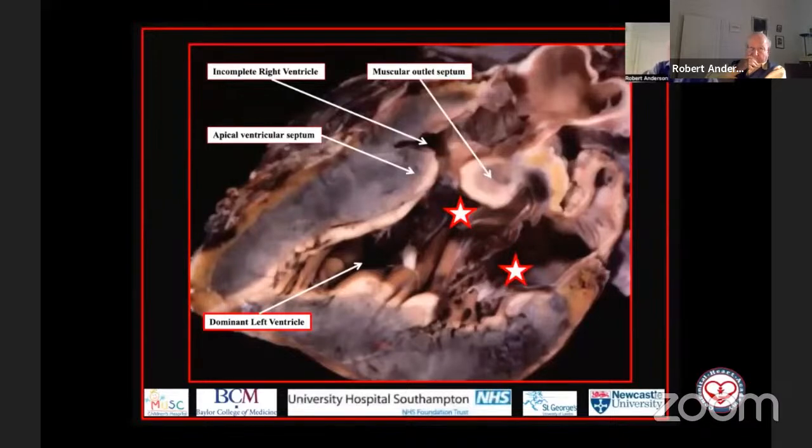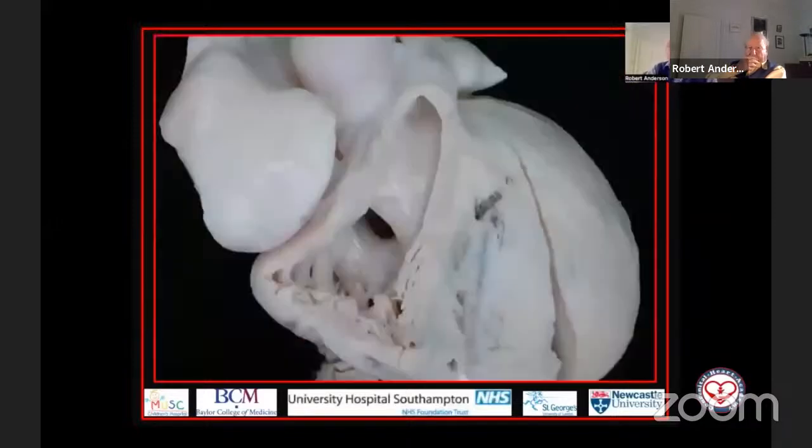In this instance, as is usually the case with double inlet left ventricle, it is the pulmonary trunk that has been committed to the dominant left ventricle. So in this instance, all the blood going through this primary interventricular communication goes up into the aorta. And the primary interventricular communication is part of the circulation.